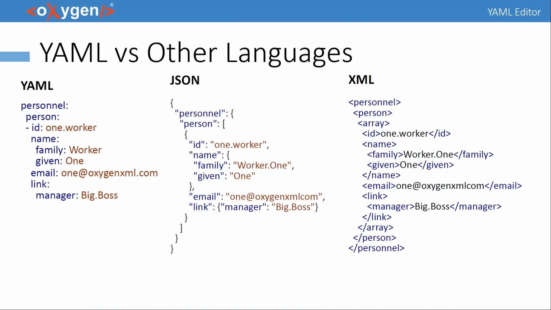You can see here that YAML is a little bit more compact than JSON and of course than XML, especially because it omits the closing part of the block, of the map or the array.